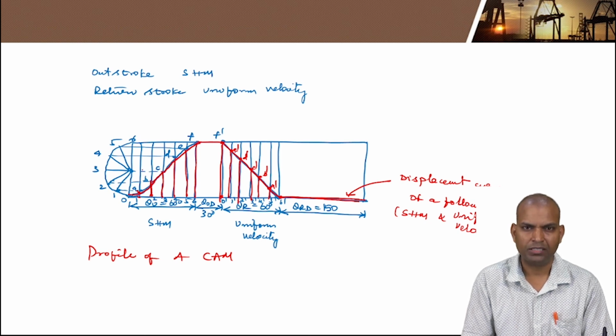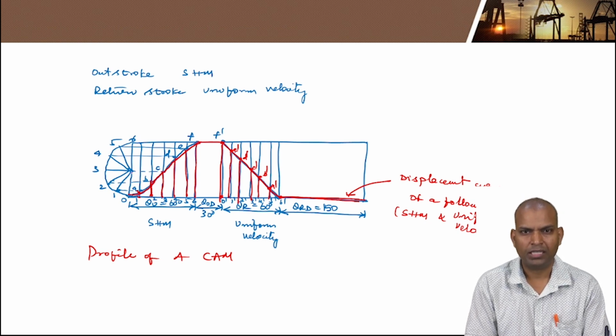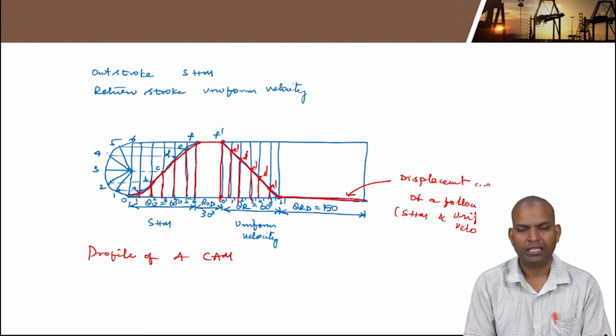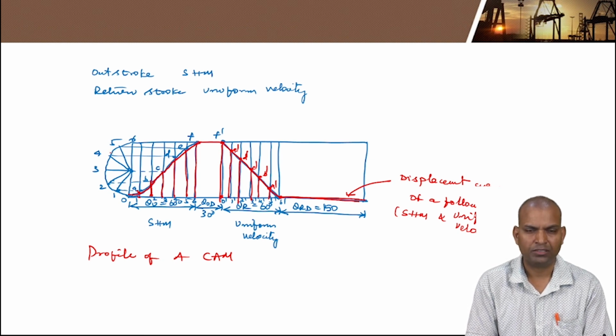If it is a flat face, we have to know the length of the flat face. Suppose the length of the flat face is not given in the problem, so how to take it? We have to assume a length of 10 millimeters, 20 millimeters or 30 millimeters.